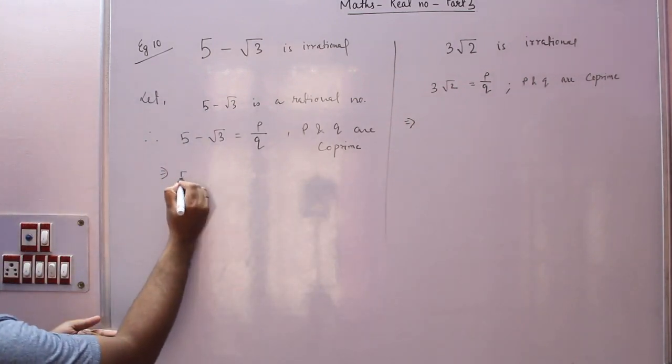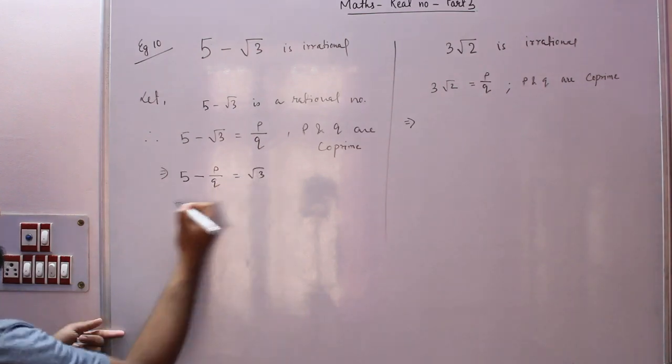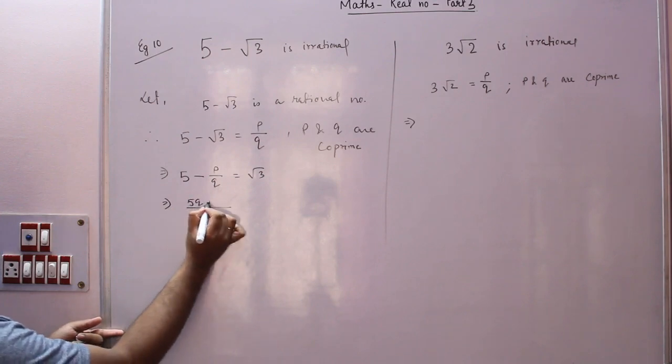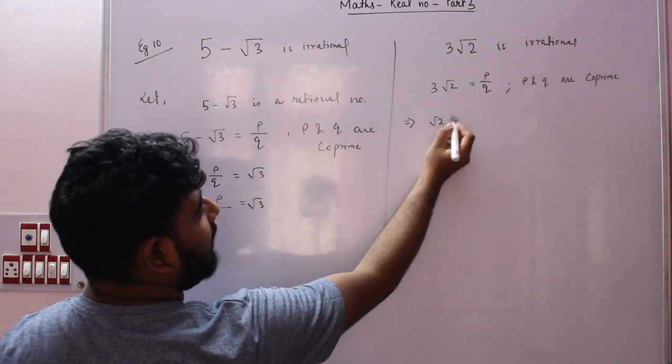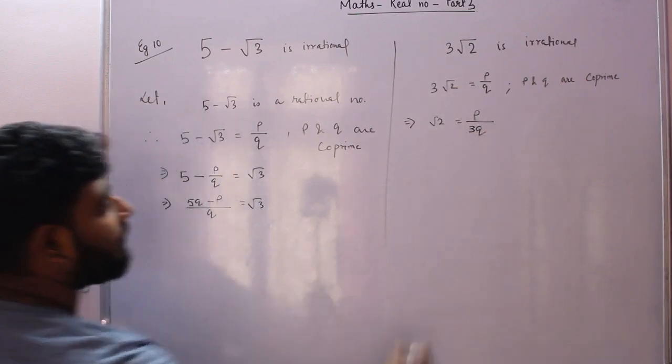If I take 5 minus p by q, then it becomes root 3. So 5q minus p by q equals root 3, and root 2 I am keeping here, so that means p by 3q.